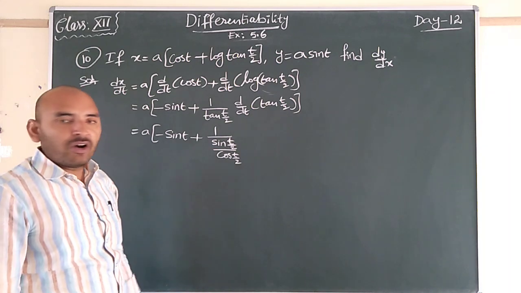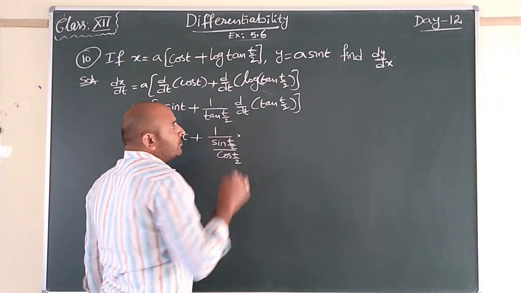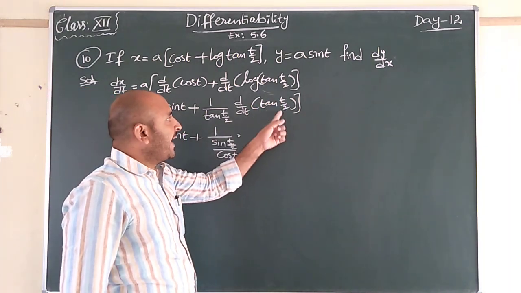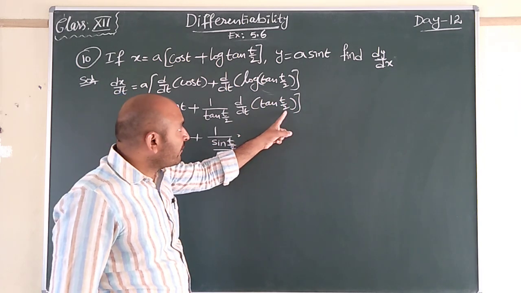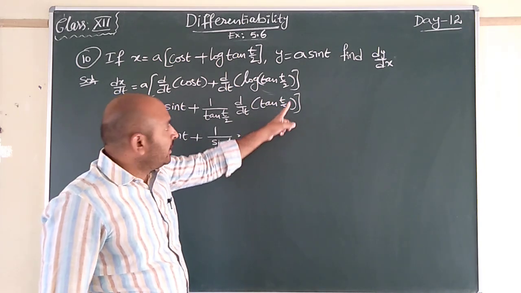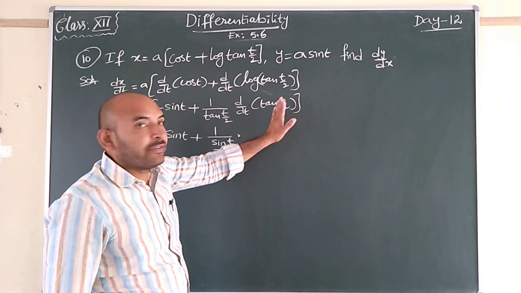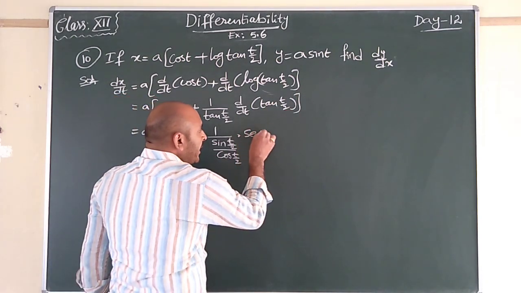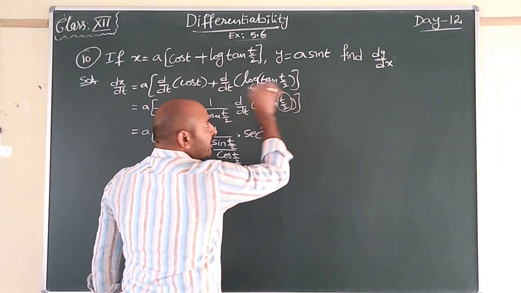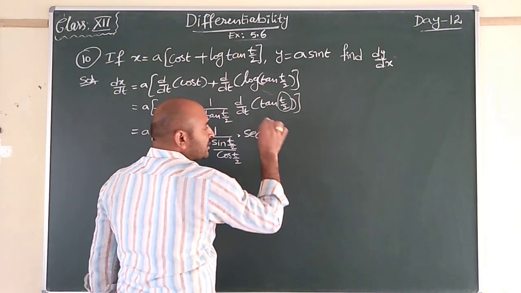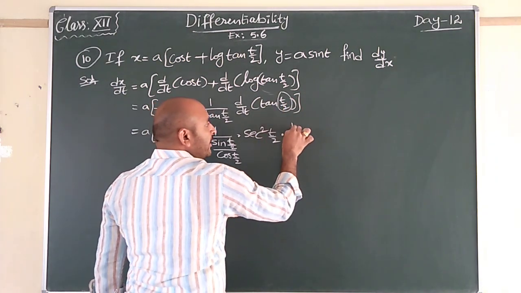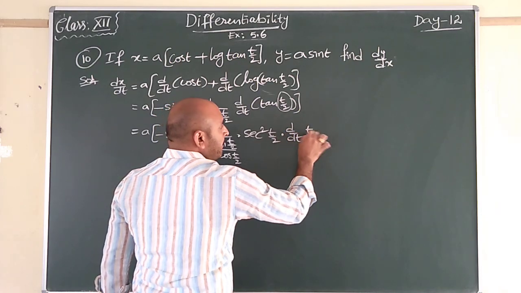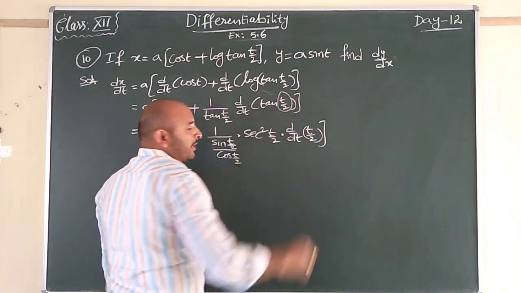Sin t by 2 by cos t by 2, into the derivative of the tan x form. Instead of x, what is given? Tan of t by 2. Derivative of tan x is secant square x, so write secant square of the inner function, secant square t by 2, and again by chain rule d by dt of t by 2.